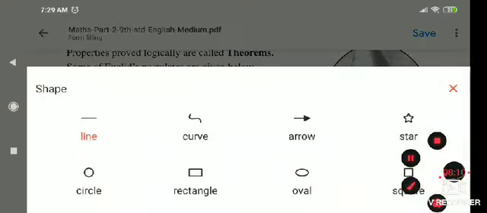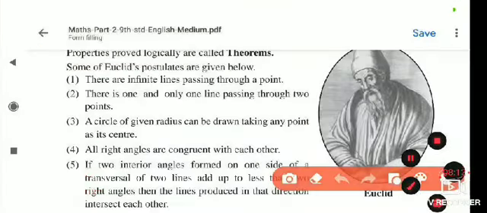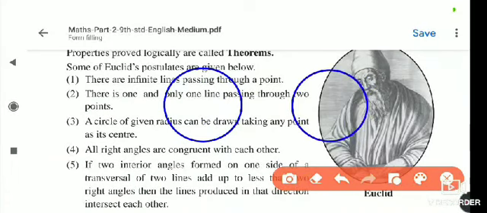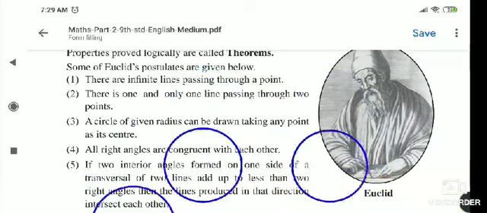For example, suppose I have to draw a circle, then I can draw the same radius. Suppose this is a radius of 2 centimeters. This is also a radius of 2 centimeters. You can draw a circle by taking any point as a center. Understand? Its center may be A, B, C, they are different.